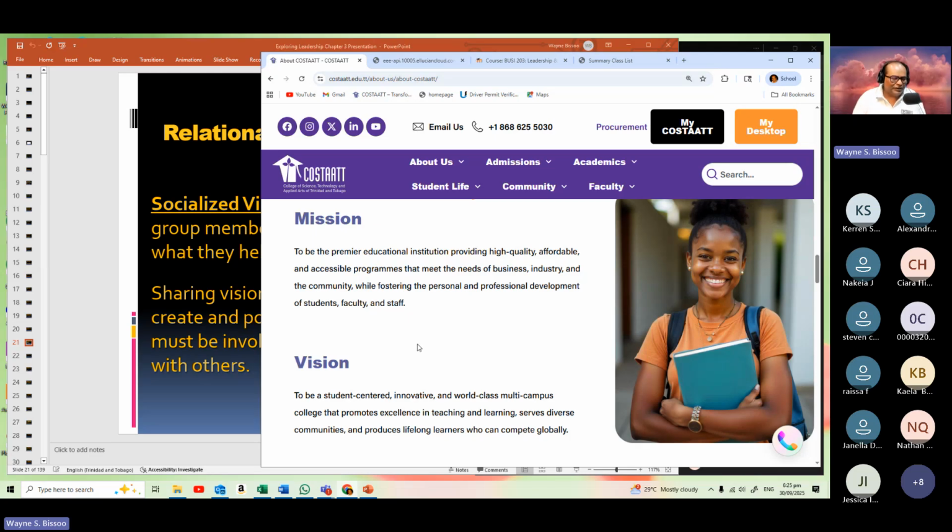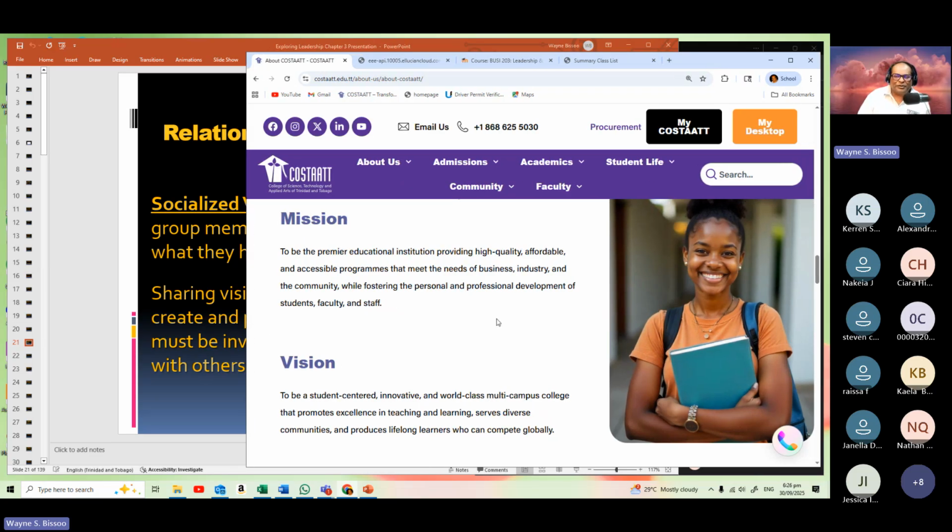So we actually had to run classes in what is a vision statement and what's a mission statement, because people were asking, well, what's the difference between a vision and a mission? And I always remember the easiest definition that you get is a vision is where you want to go, your destination, and the mission is how you're going to get there, what you're going to do to get there.